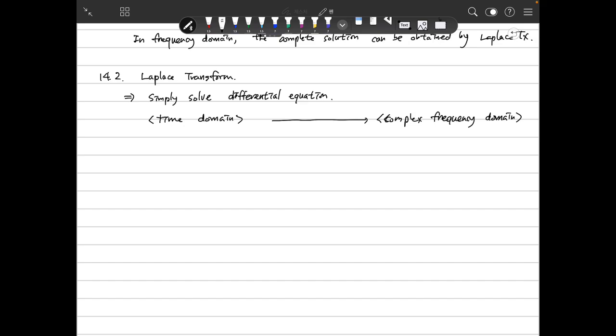So in the time domain, we solve the differential equations, we solve the electric circuit. At first, we define the electric circuit using equations. So first, we have to make a time domain circuit equation. From here, we get the differential equation.